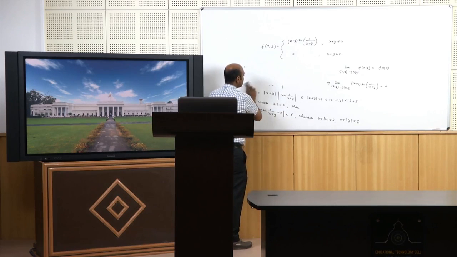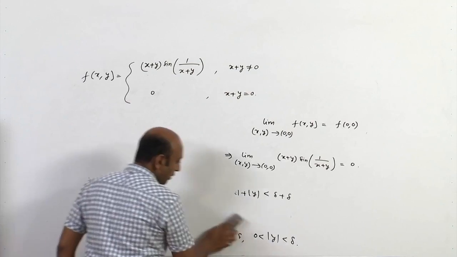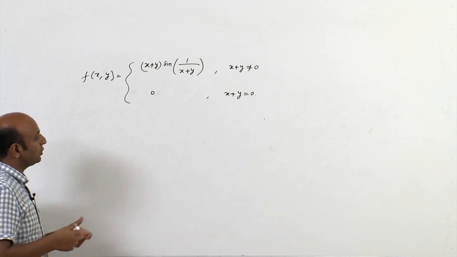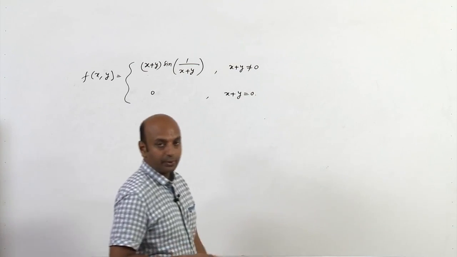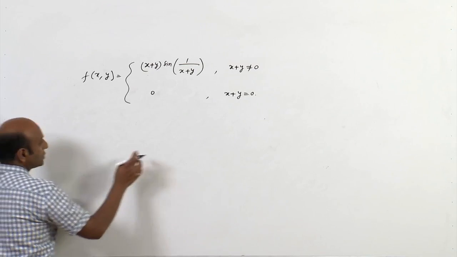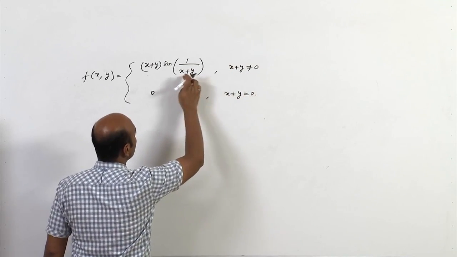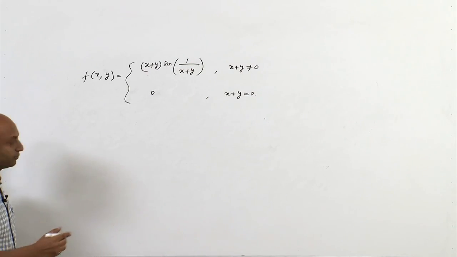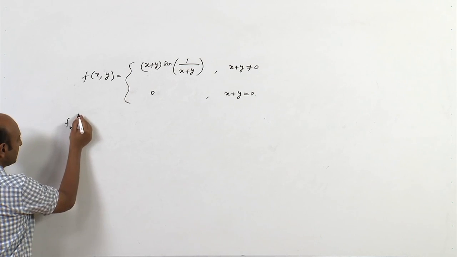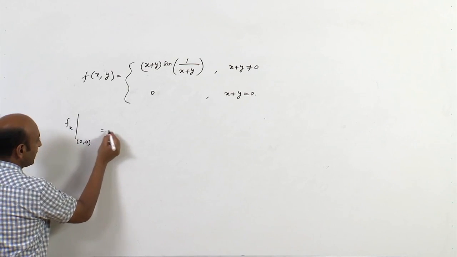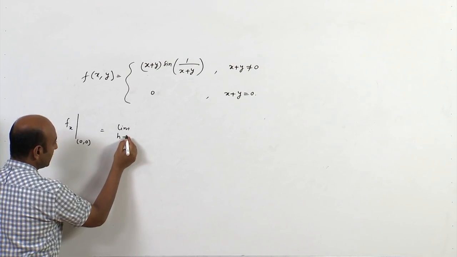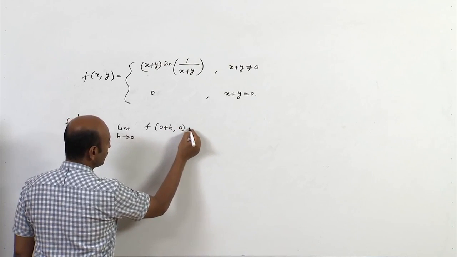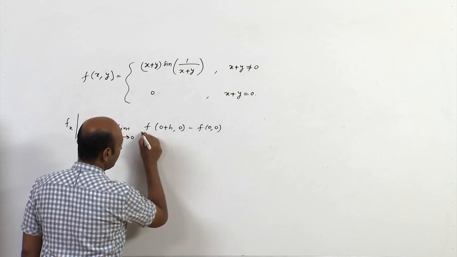Now, we have to find its first order partial derivatives. Since we have the function in split form, with a different value at (0,0), we can't find its partial derivative as such, so we have to use the definition of limit. By the definition of the partial derivative of f with respect to x at (0,0), it is the limit as h tends to 0 of f(0 plus h, 0) minus f(0,0) upon h.